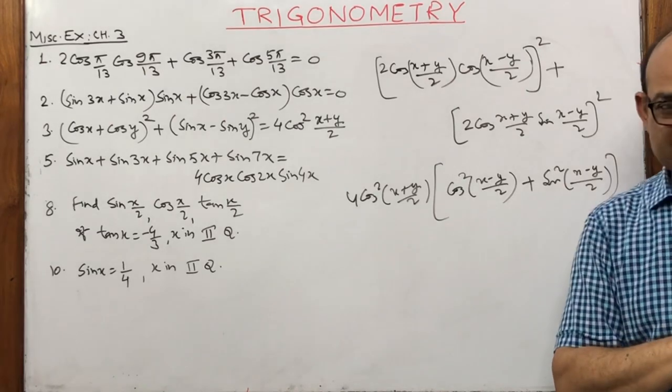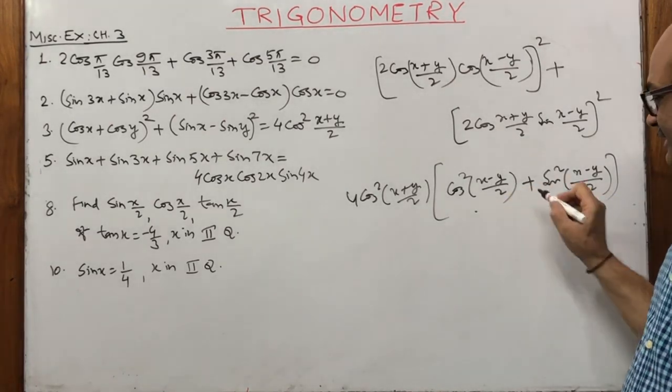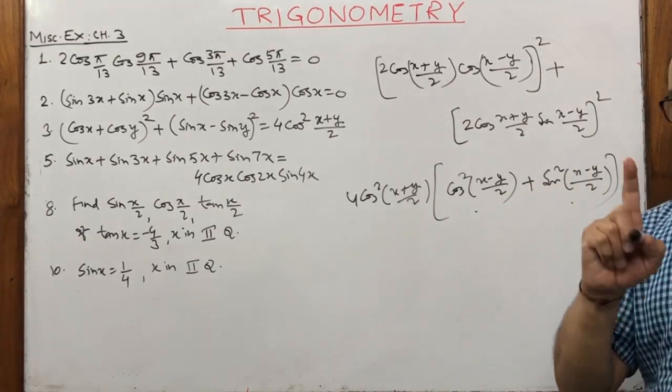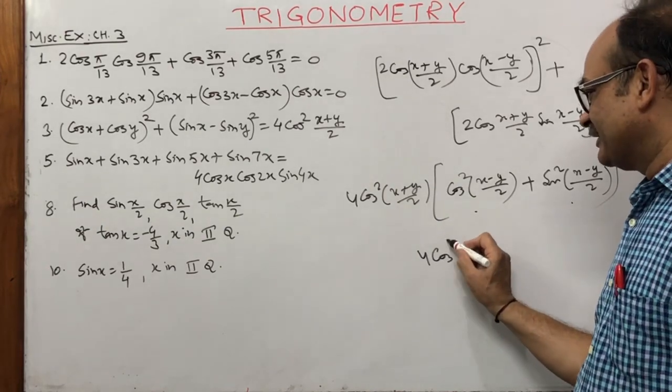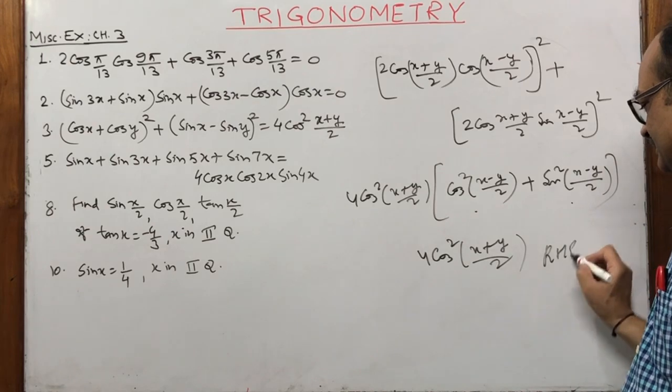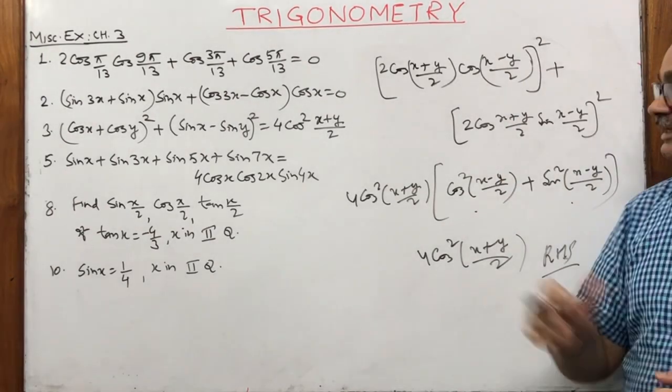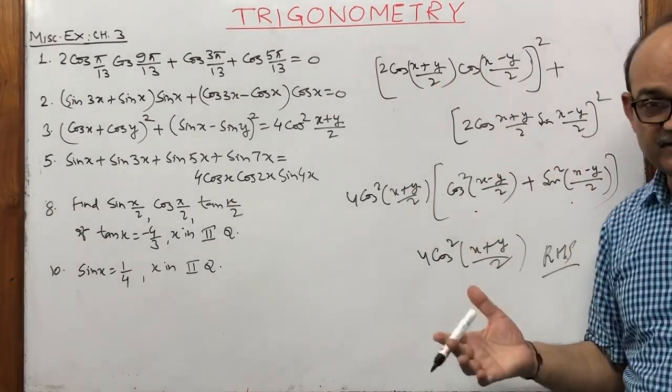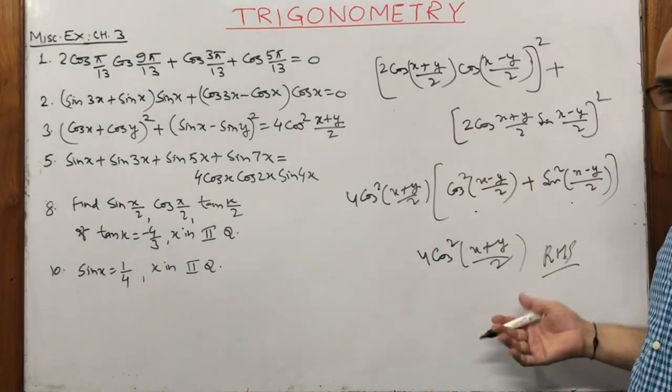And you know the 10th class identity: cos square theta plus sin square theta is 1. So what a simple one line answer? RHS. See, starting with the simple formula, if you have the concept of formula, you will write and get the answer.